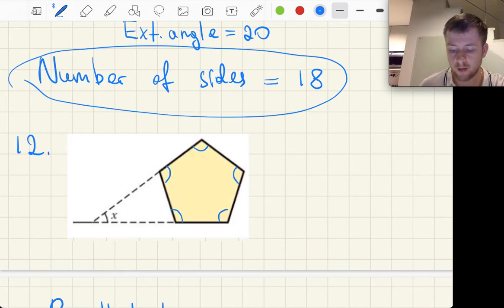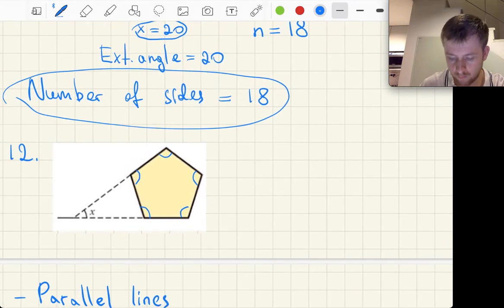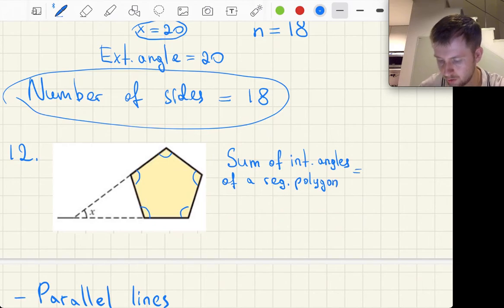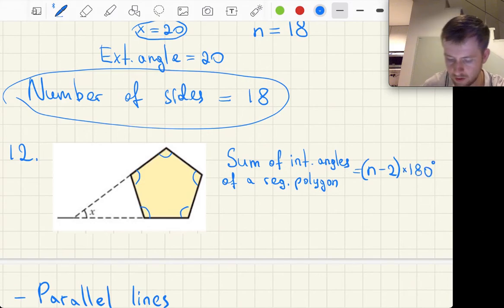We can find them quite easily. There's a formula which you probably know: sum of interior angles of a regular polygon equals n minus 2, where n is the number of sides, times 180 degrees.